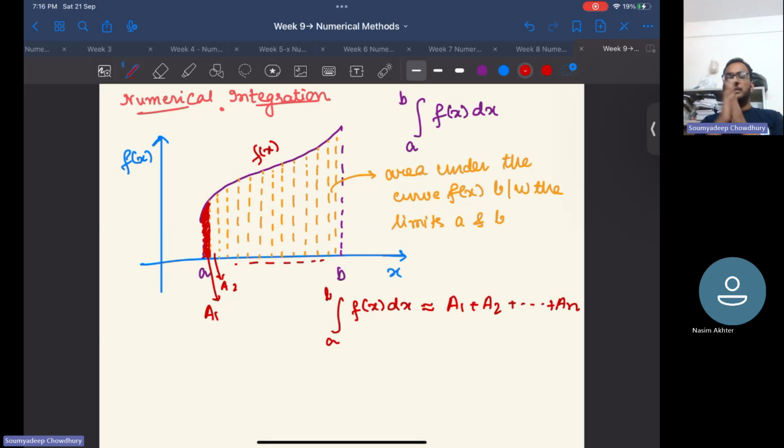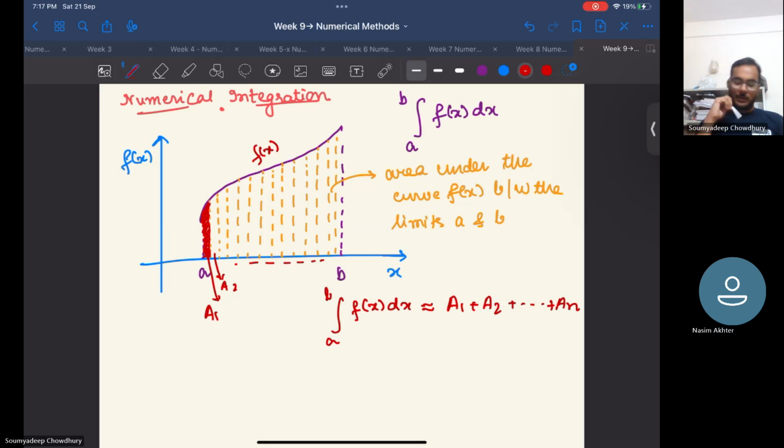A continuous function is continuous over a particular domain, and a discrete function means the value of the function is available only at particular instances. So in numerical methods, we subdivide a continuous function into multiple discrete functions, and then we add those individual areas to get the total area or the total integral. So this is the basic essence of numerical integration. Is it clear to you?